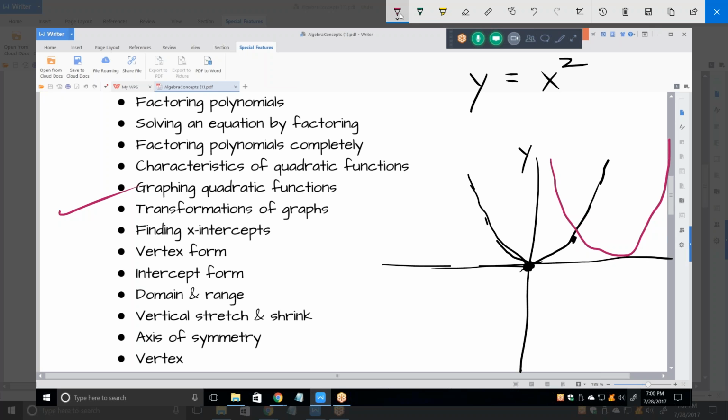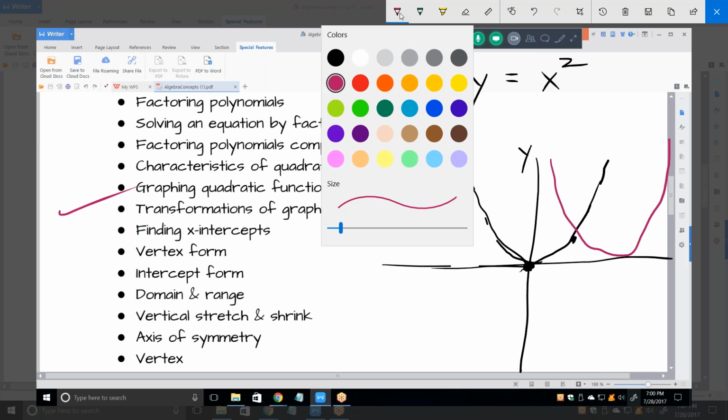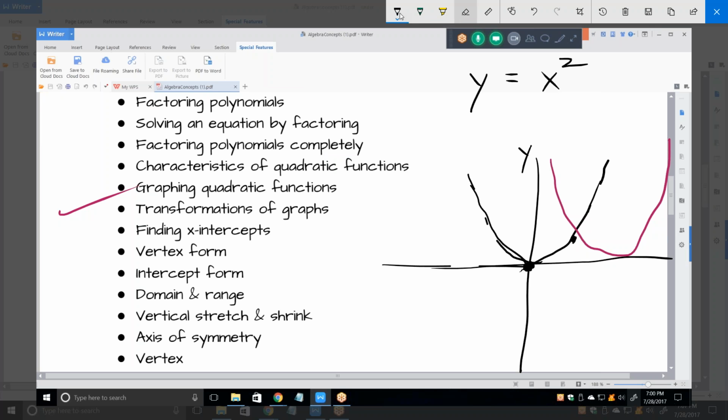Now, this is also a big subject. In other words, this is not one we're going to get done with today. It just is a really big subject. Transformations of functions.